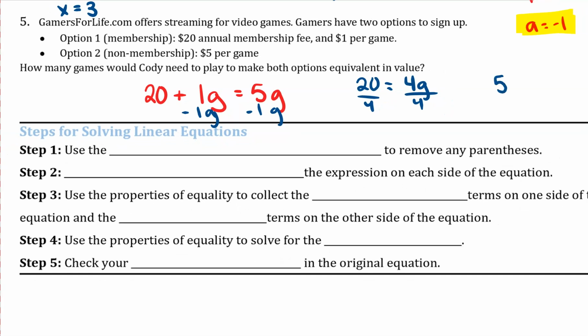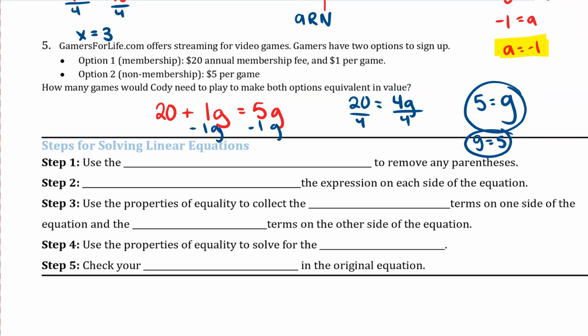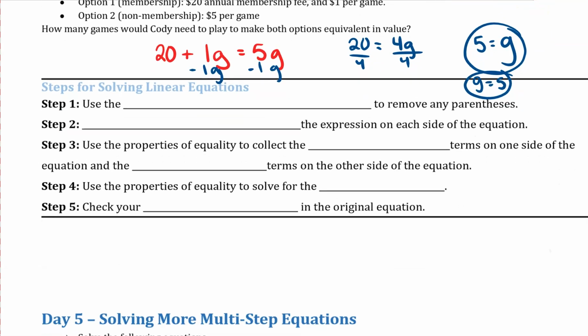So 5 equals G. Or G equals 5. Meaning if he plays 5 games, then they'll be equivalent. So what that means is if he plays more than 5 games, then it makes sense to get the membership.